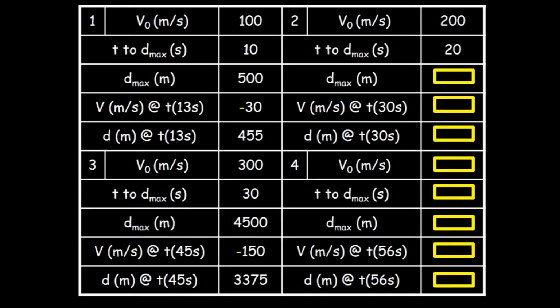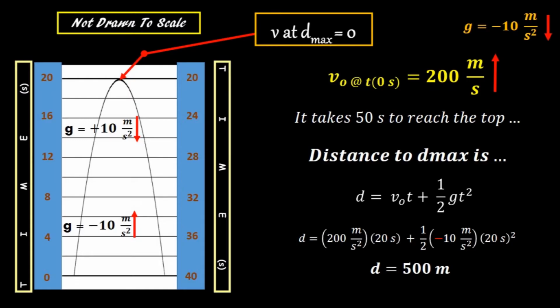Now we're back again. You didn't even know I was gone. We're going to go Dmax. What's Dmax? Dmax would be, let's see, V naught T plus 1/2 GT squared, right? Yes? So that would be 200 times 20 plus a negative 1/2 10 times 20 squared, correct?